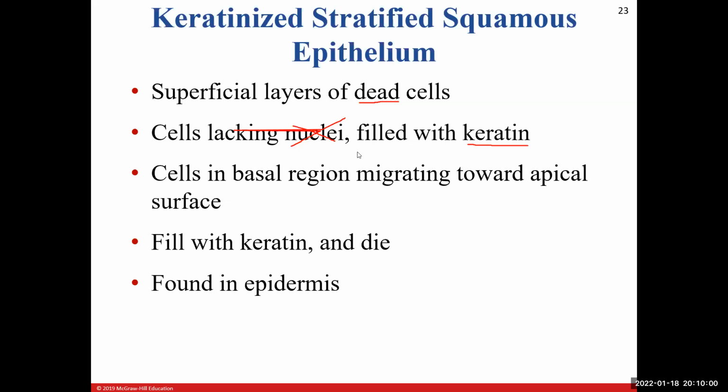Right? So these cells start off in the bottom layer, and then they get pushed towards the surface layer, the apical layer. And as they make their way to the surface, they fill with keratin, and it's kind of morbid, but they die. And so we see this type of epithelium in the epidermis, which is the outer skin layer. So when you're looking at each other, you're looking at people's dead cells.